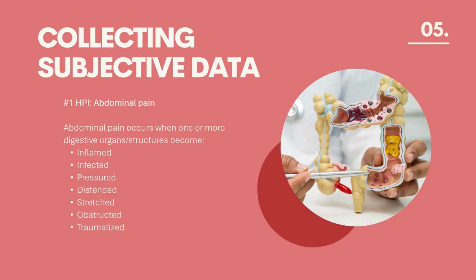So next up, we need to be collecting some subjective data. So if somebody comes in, one of the number one presenting complaints is going to be abdominal pain. Abdominal pain is going to occur when one or more of the digestive organs or the surrounding structures become one of these listed characteristics. So it could be inflamed.